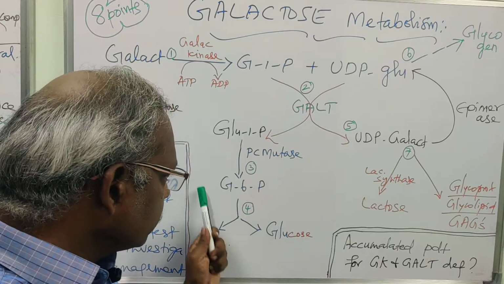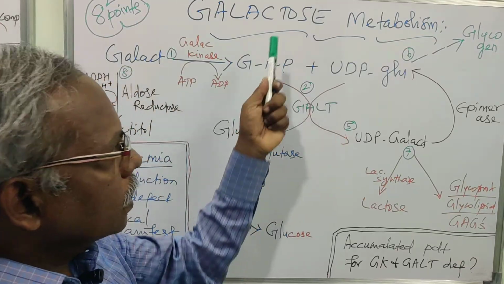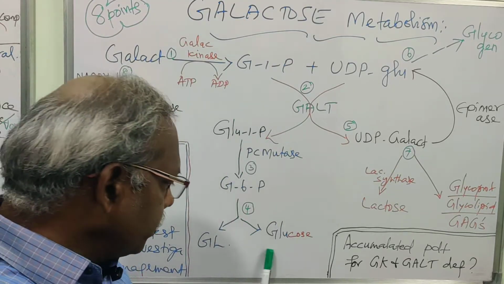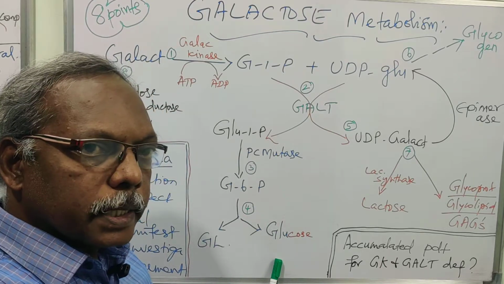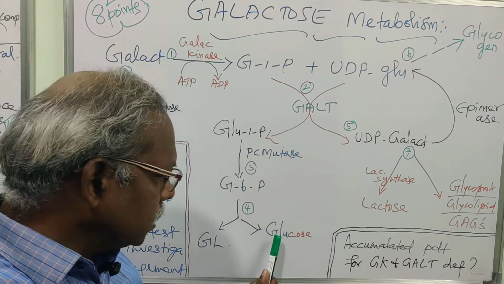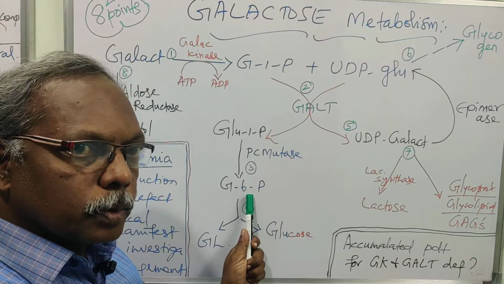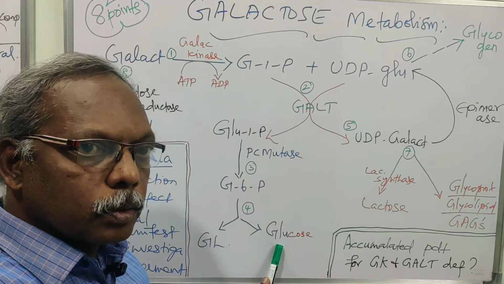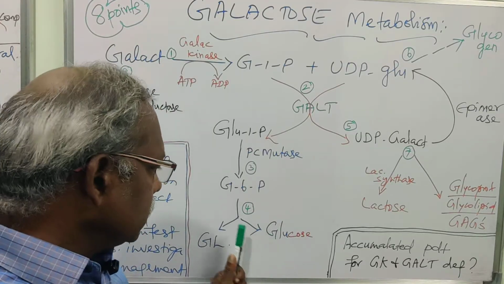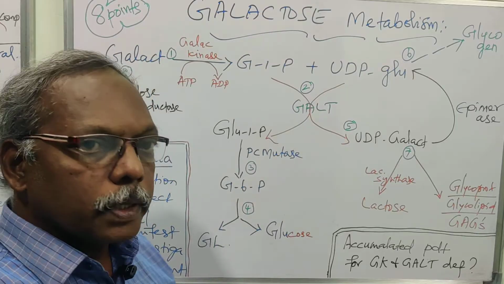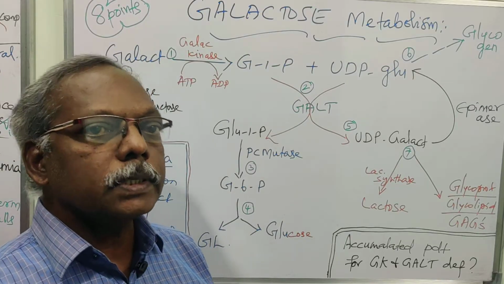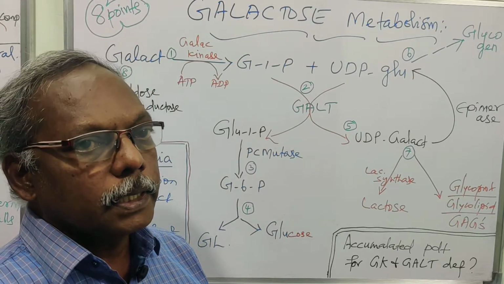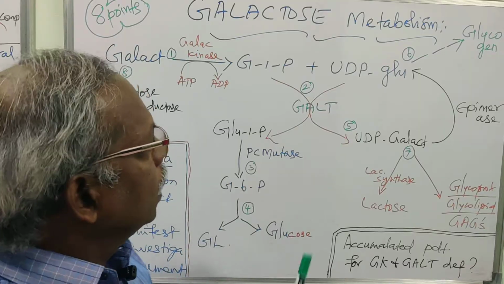So what is the fate of this glucose 6-phosphate in galactose metabolism? Depending upon the glucose concentration or energy, it is converted into glucose and gives energy, or otherwise it enters glycolysis and produces ATP-like energy molecules.